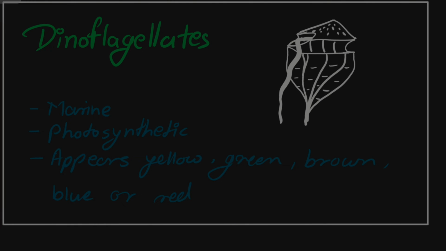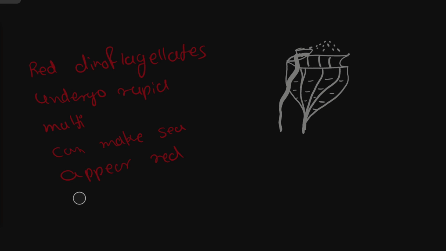Then come dinoflagellates. These are marine and photosynthetic. They appear in multiple colors like yellow, green, brown, blue, or red. We are specifically talking about the red here. The red dinoflagellate can undergo rapid multiplication and can make the sea appear red.